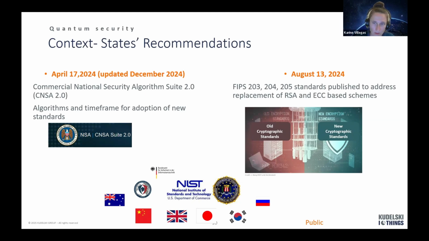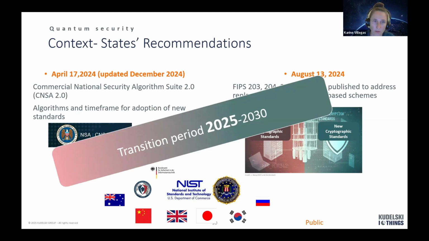And we have the standards, as we have already mentioned. But if we consider all the other countries over the world, they have other time frames and other recommendations in terms of algorithms, even if some of them converge to FIPS 203, 204, or SP 208.